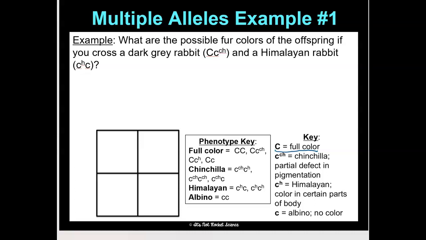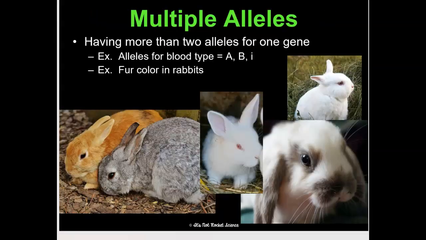So there's a chinchilla allele that has a partial defect in the pigmentation. There's a Himalayan. In the Himalayan, you have color in certain body parts, but not others. Then you get these spotted guys, right?